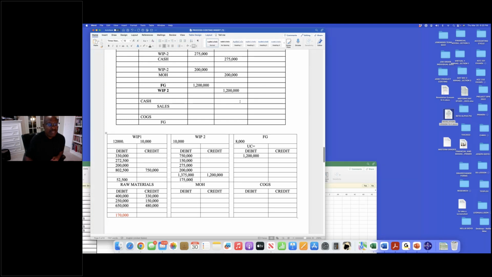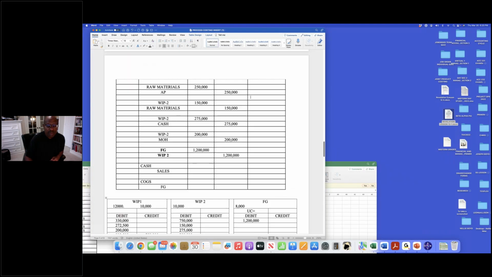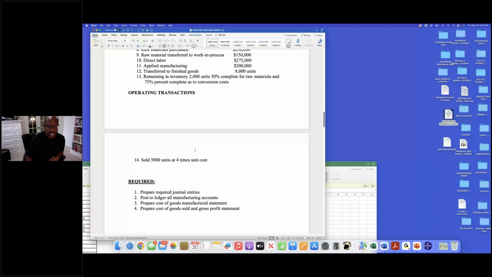And as we look at that for just a second, we've got one journal entry left: sold 5,000 units at 4 times the unit cost. When we're dealing with items like gasoline, they don't worry about a cost ahead of time, because we all have to drive everywhere.